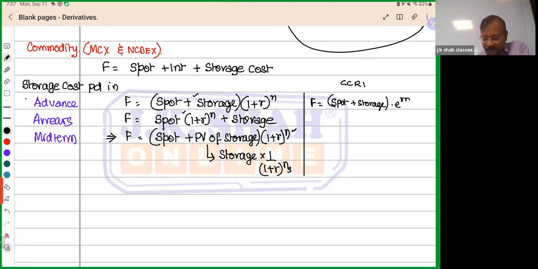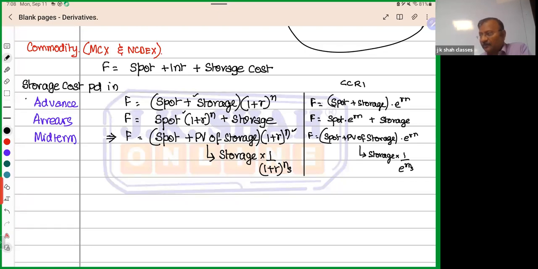And same way, if it's paid in arrears, this would be future equals spot into e raised to Rn plus storage. And where the storage is paid midterm, you say spot plus PV of storage into e^(Rn), where PV of storage is calculated as storage into 1 upon e^(R n_S).